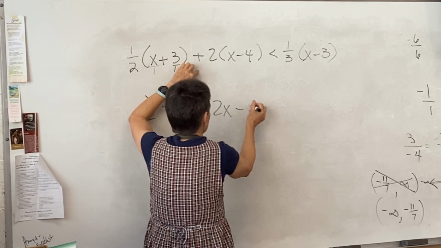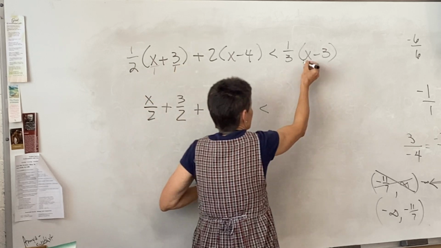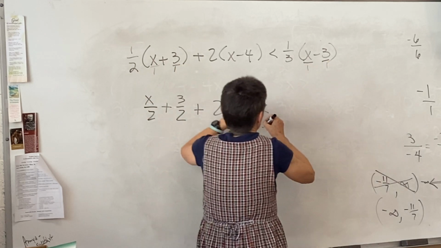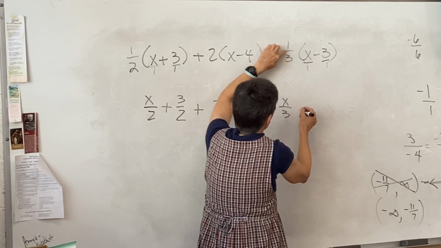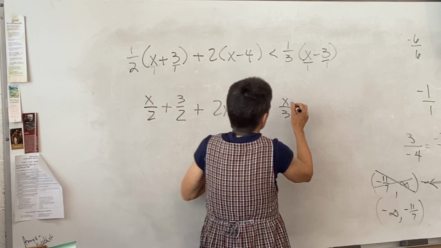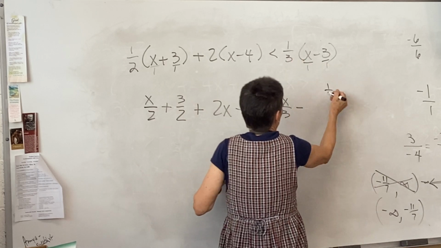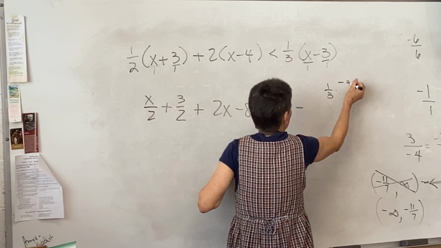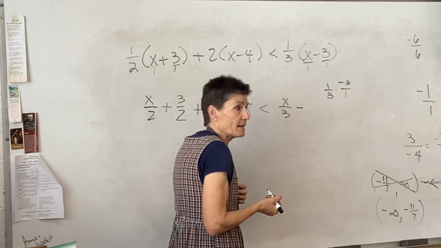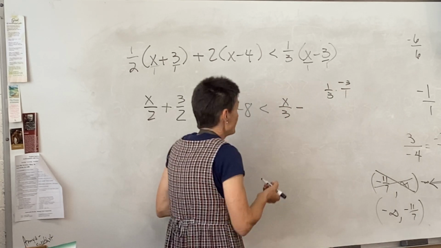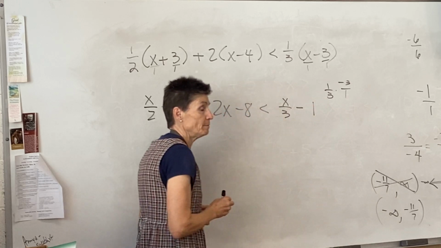This one's easy. Now I'm going to do the same thing. This one's going to be x over 3 minus, what does that work out to be? When I take 1/3 times negative 3 over 1, what do I get? Don't I get negative 3 over 3, which is just negative 1?